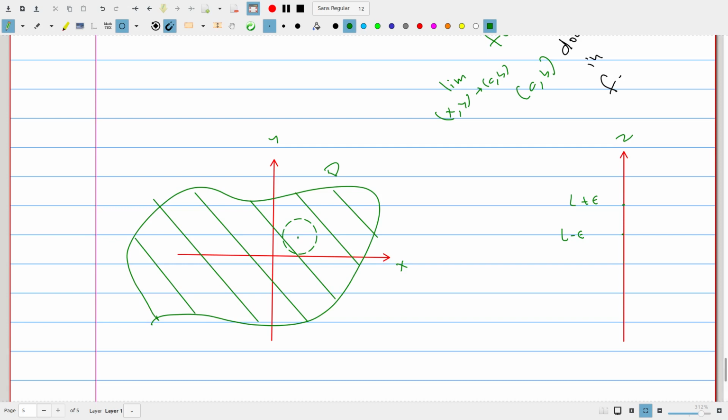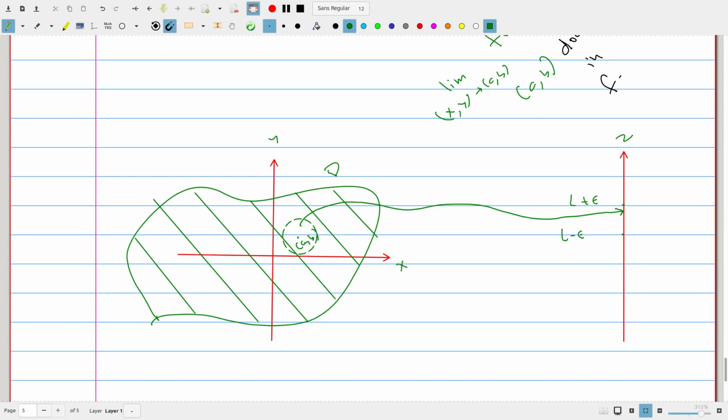The center of the circle is of course the point where we want to find the limit. We want to find the limit at the center of the circle. So this is my point AB. Center of the circle is AB. So let's say this point here maps onto some point in this range, right?